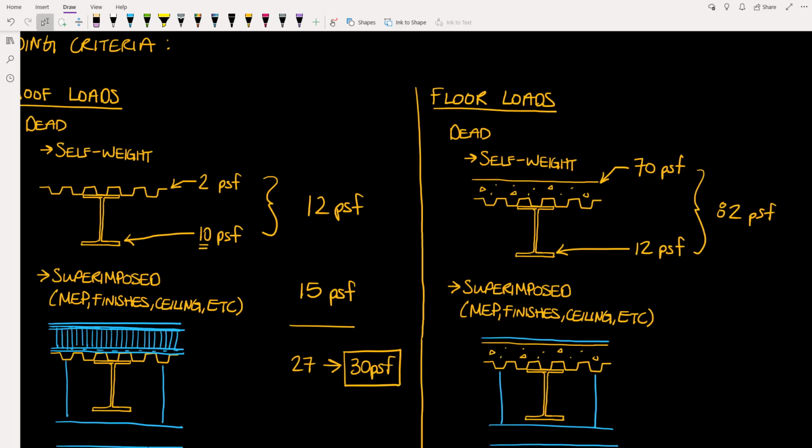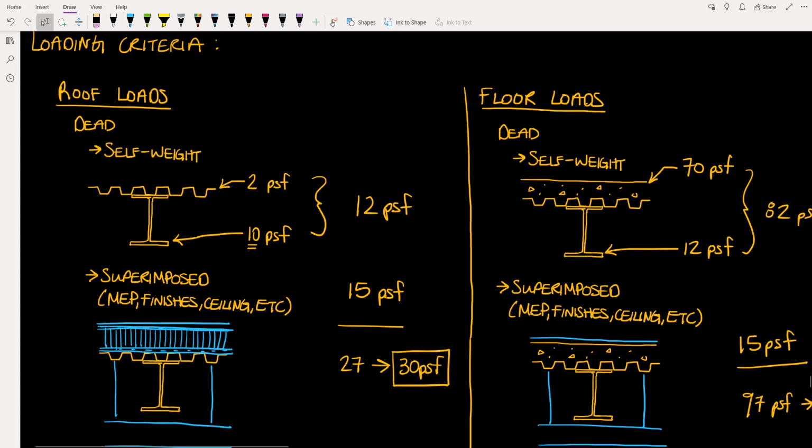For superimposed dead load, we'll still use the same 15 pounds per square foot allowance for all of the hung MEP and architectural finishes. So that gives us a total of 97 pounds per square foot, and we'll round up to 100.